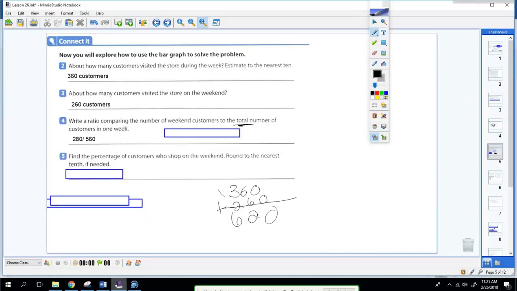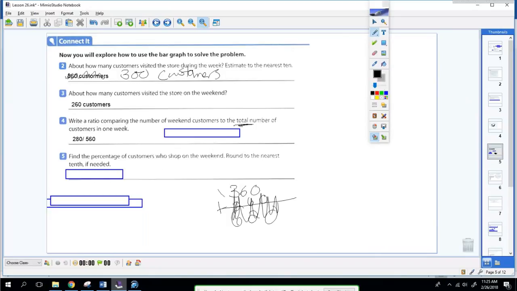You should have gotten 560. I believe this is supposed to be 300 customers, so we're going to make that 300. That actually seems better. So my total is 560.